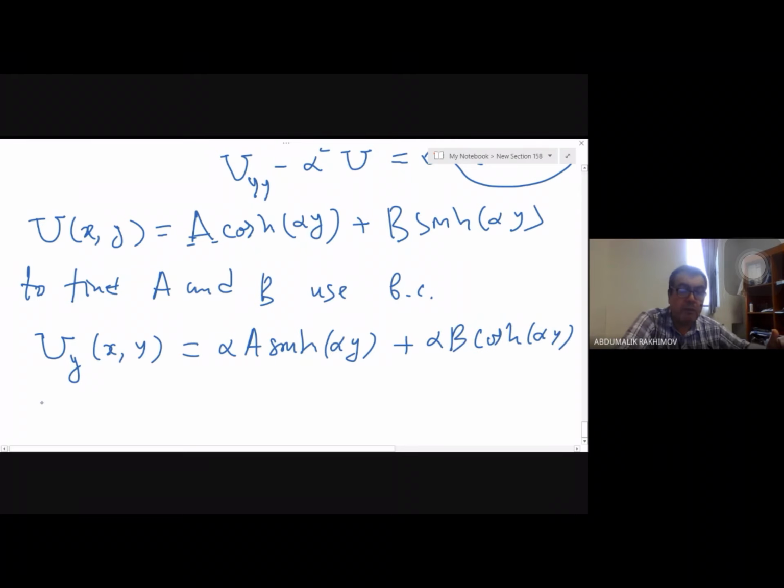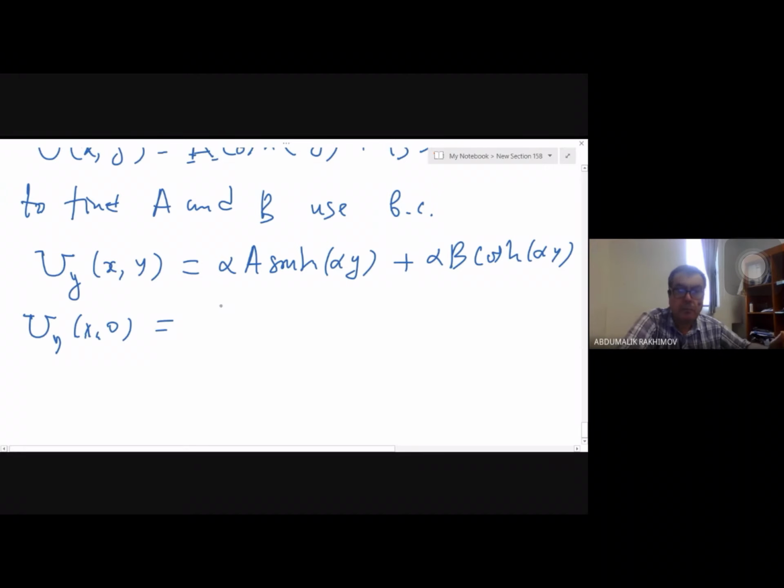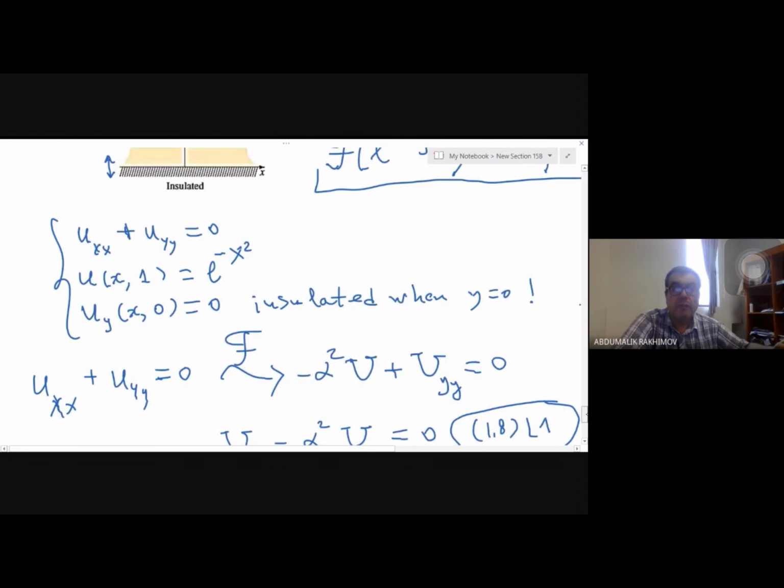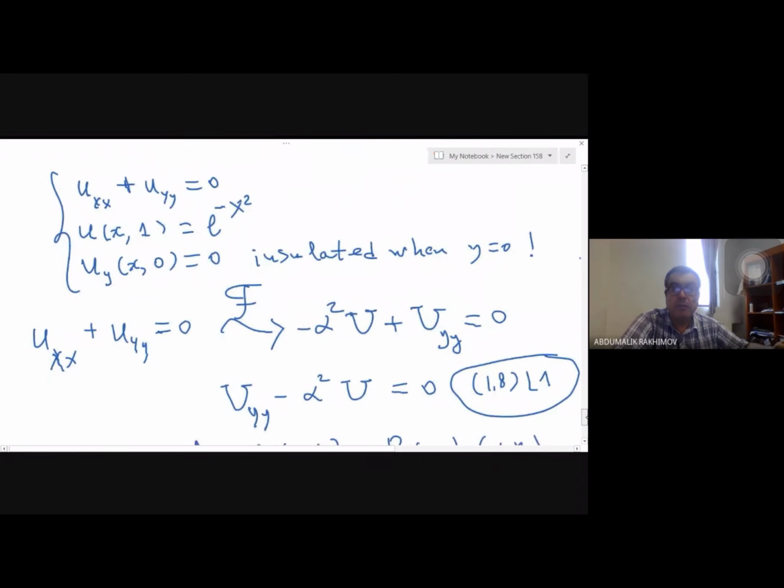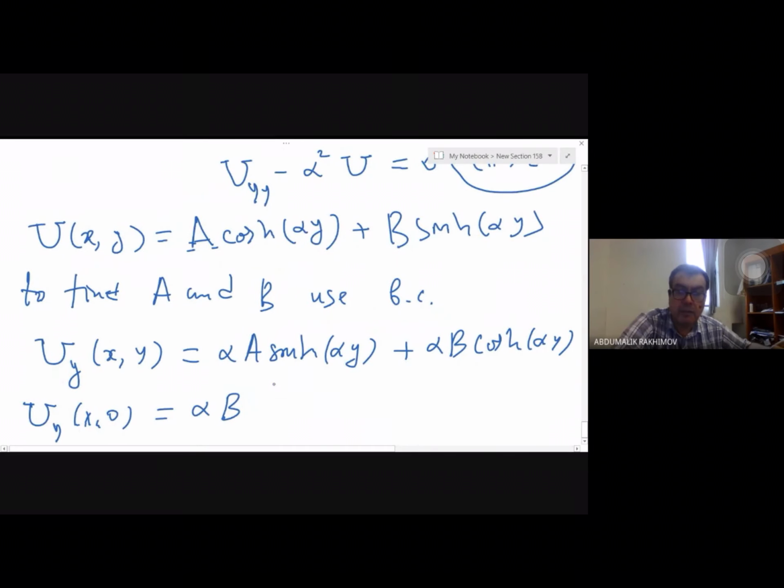Now, what is u_y(alpha,0)? It is alpha B, because sine is 0, cosine is 1. It is equal to 0 because it is insulated. So from this we find B coefficient is 0.